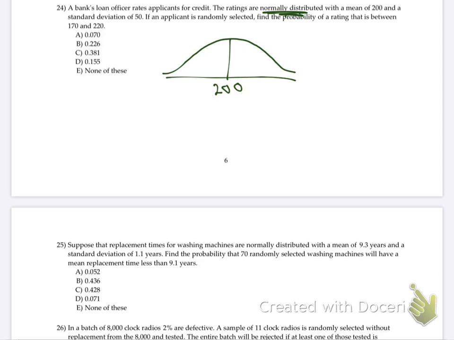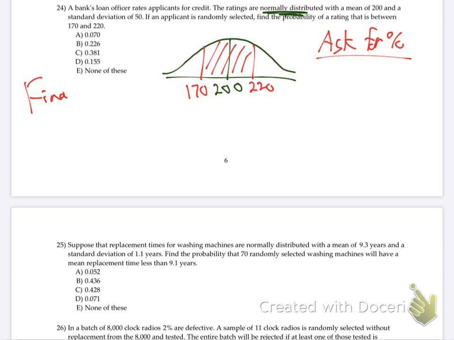They're asking me to find the probability between 170 and 220. Are they asking me for a percentage or giving me a percentage on this one? They're asking. They never gave me a percentage anywhere, did they? They're asking for a percentage. Again, this is final notes number 8.